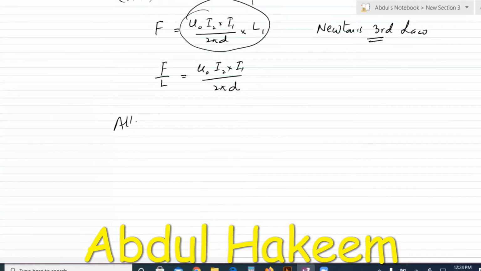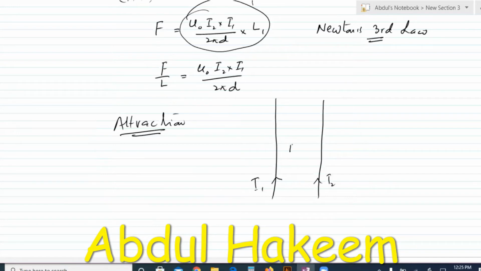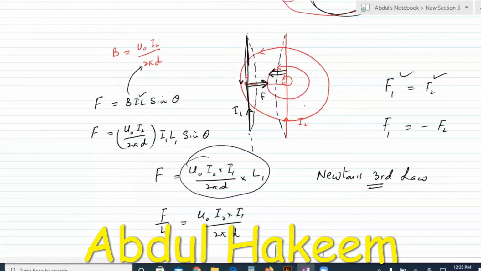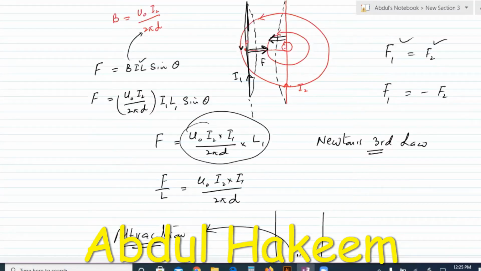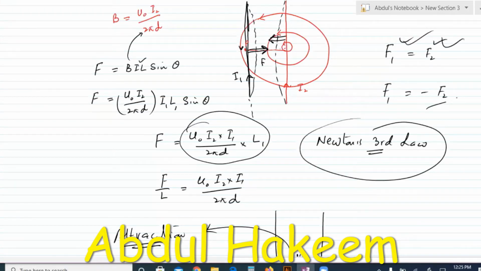So when two wires are held parallel, carrying current in the same direction, look, this is I1, this wire I2, both will attract each other. So similar direction current parallel wires will attract, but similar stationary charges will repel. And both wires will obey Newton's third law. Action and reaction forces are equal, but opposite in direction, one towards right, other towards left.